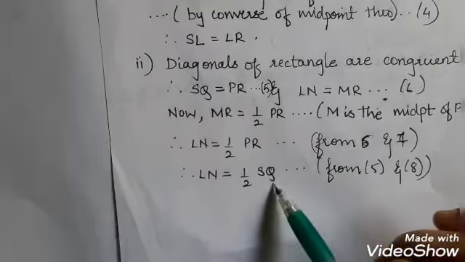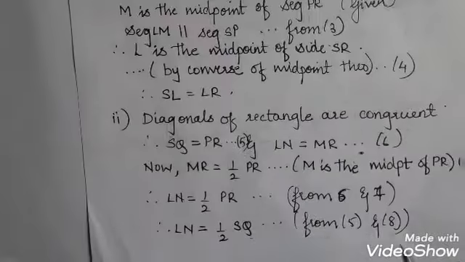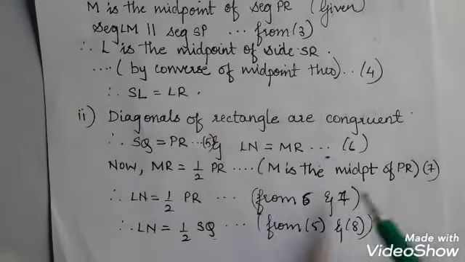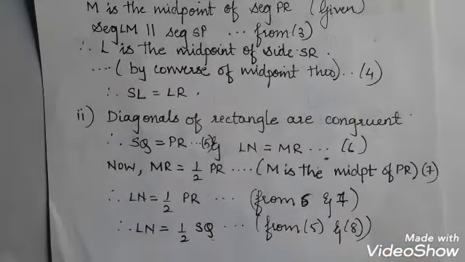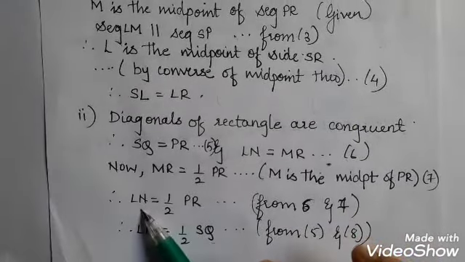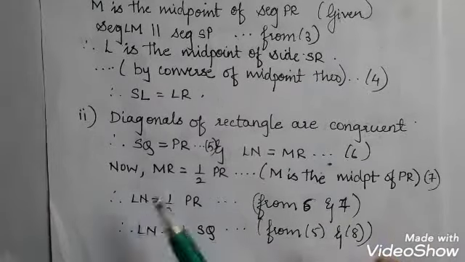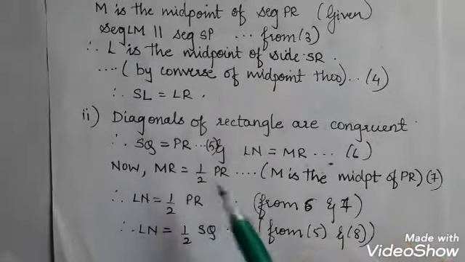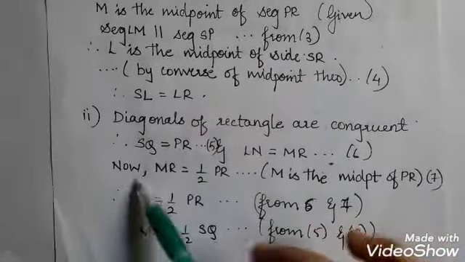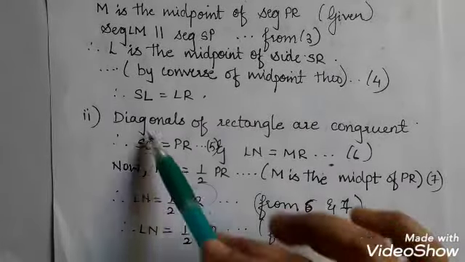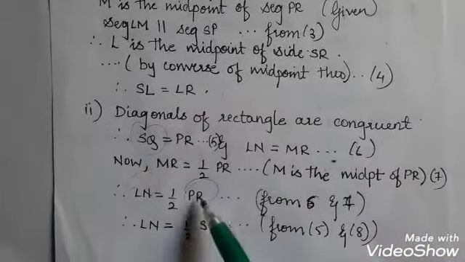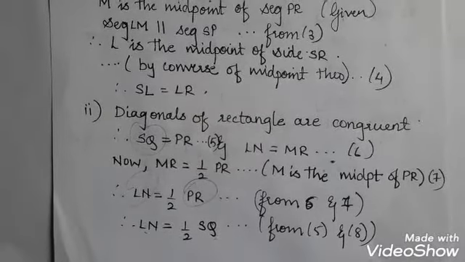I have written this from 5 and 6, because MR is equal to LN. So in place of MR, I can write LN, and PR is equal to SQ, so in place of PR, I can write SQ. So LN is half of SQ.